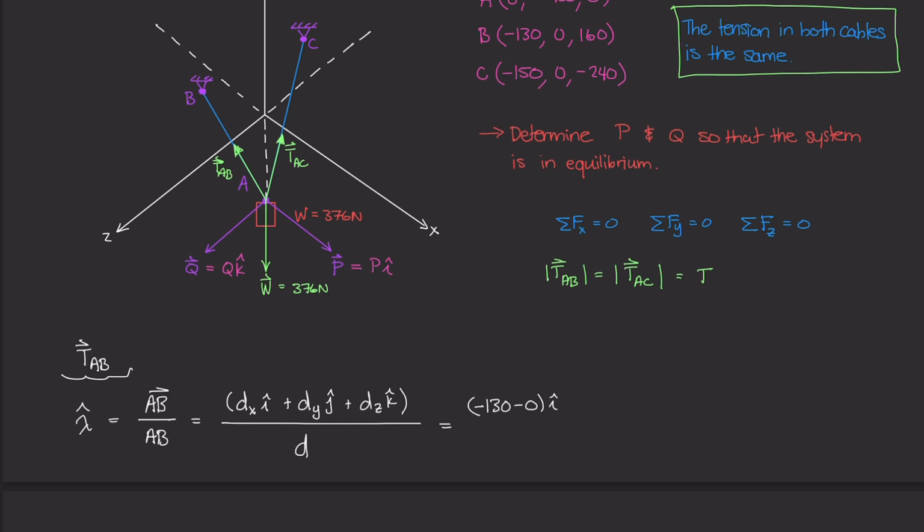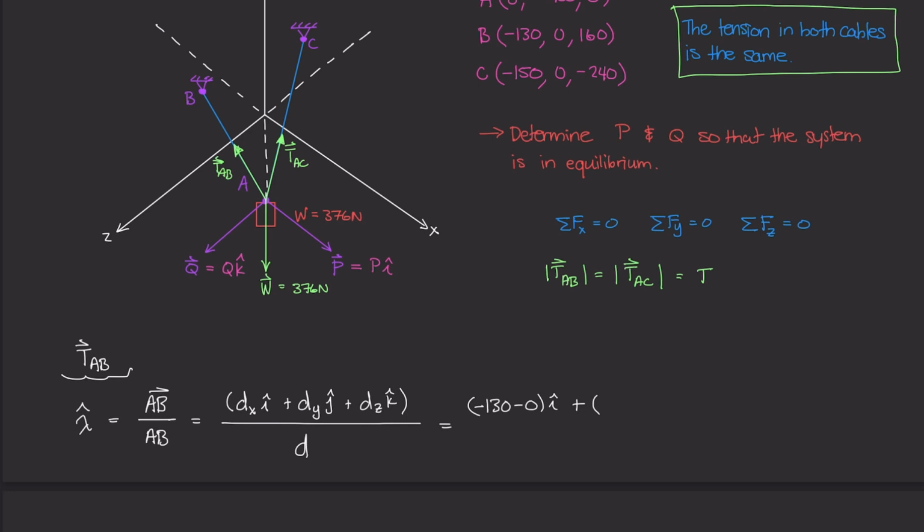Okay, what about for dy? Again, same thing, it's the direction along the y-axis. So if we look at our two points A and B, B, the ending point, has a 0 coordinate for y, and A has a value of negative 400. So our y component is going to be, again, end minus start.